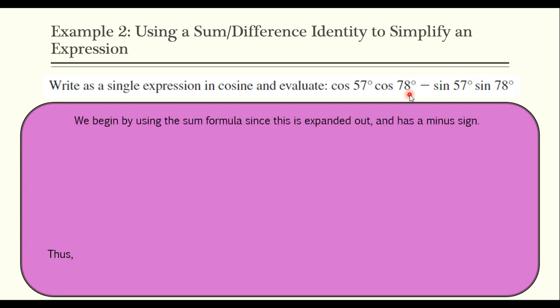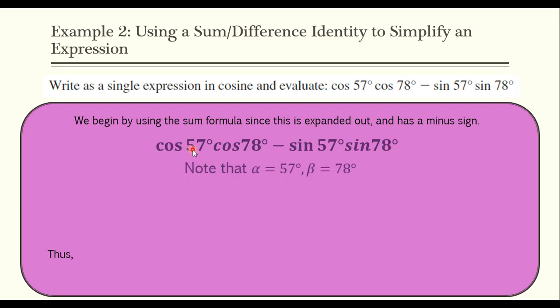We're going to begin by using the sum formula. In this expanded expression I have a difference, so since it's minus, I use the sum formula, because in our formulas they were off by a sign. I rewrote the problem: cosine of 57 times cosine of 78 minus sine of 57 times sine of 78.